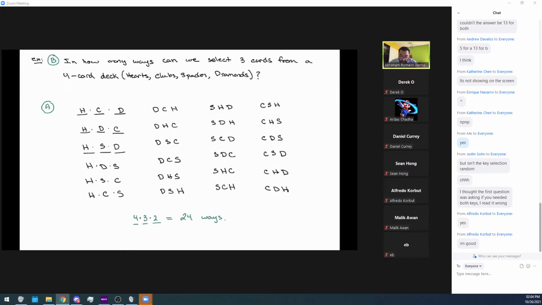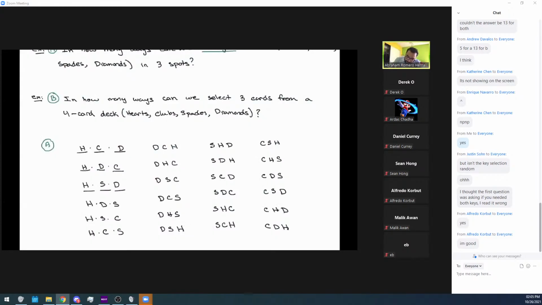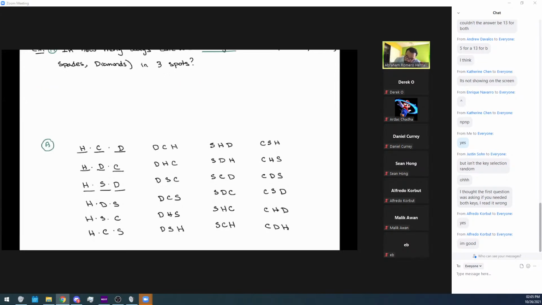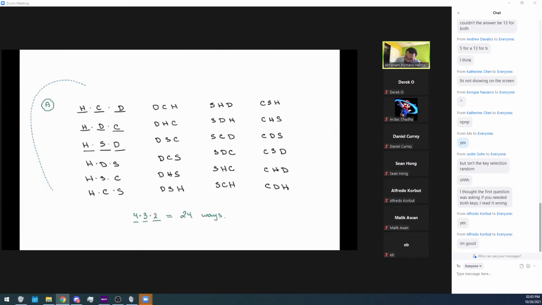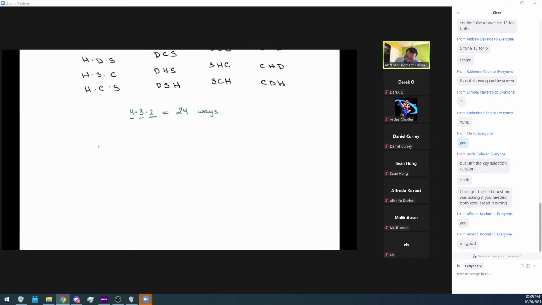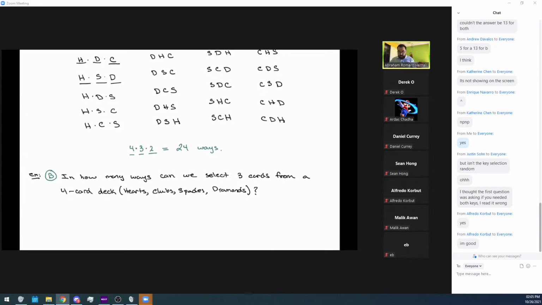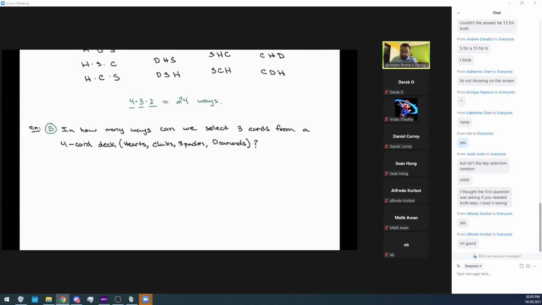Okay. What about part B? Let me write down part B here. Part B. In how many ways can we select 3 cards from a 4-card deck? Okay.